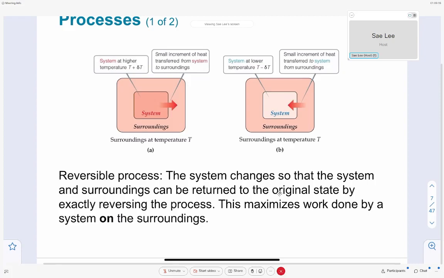So reversible process is a process that both system and surroundings can return to exactly the states they were in originally by following the reverse path. Okay. Irreversible process is a process that system and surroundings cannot return to exactly the states they were in originally. Okay. So those are the differences.